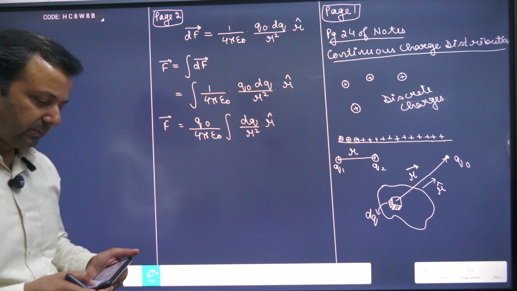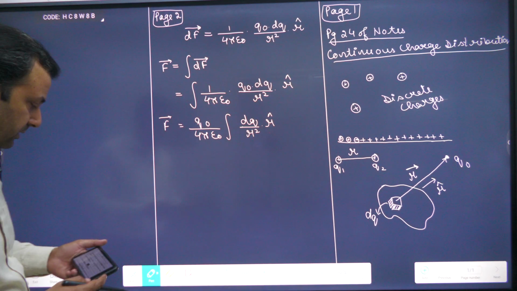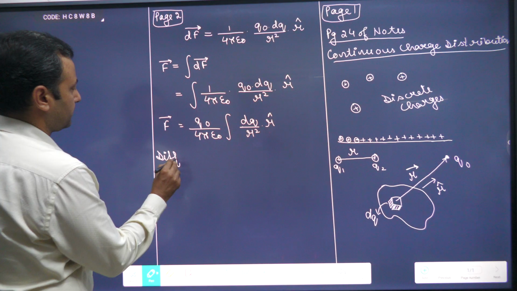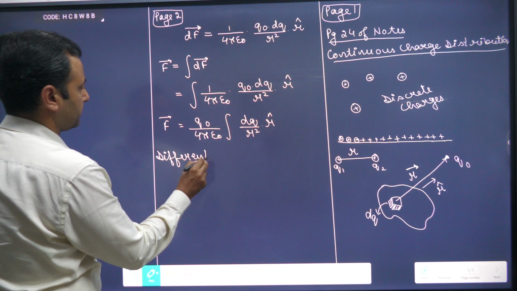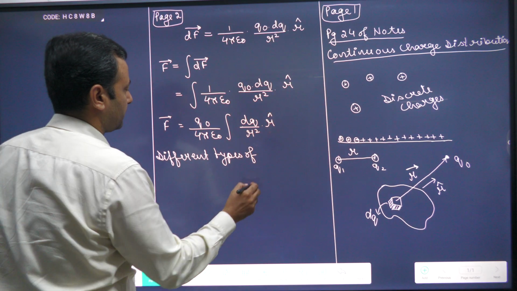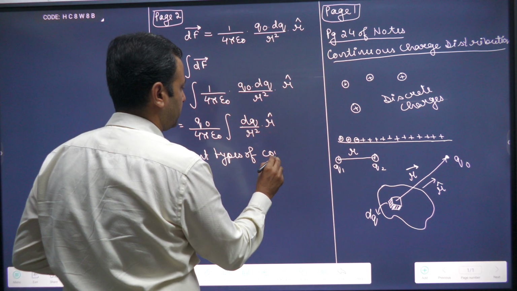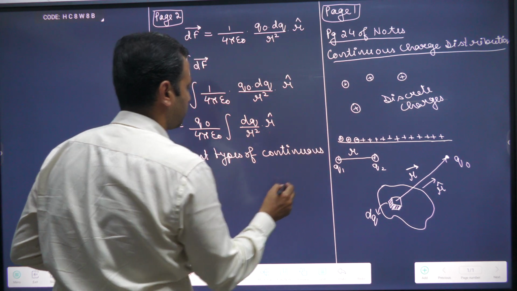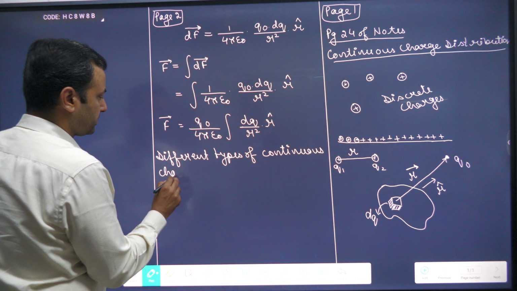Next is different types of continuous charge distributions.